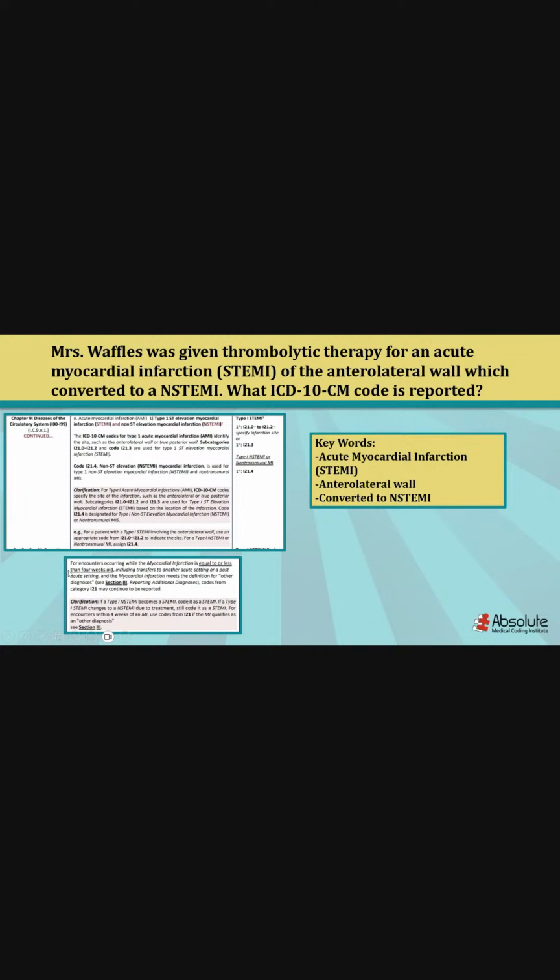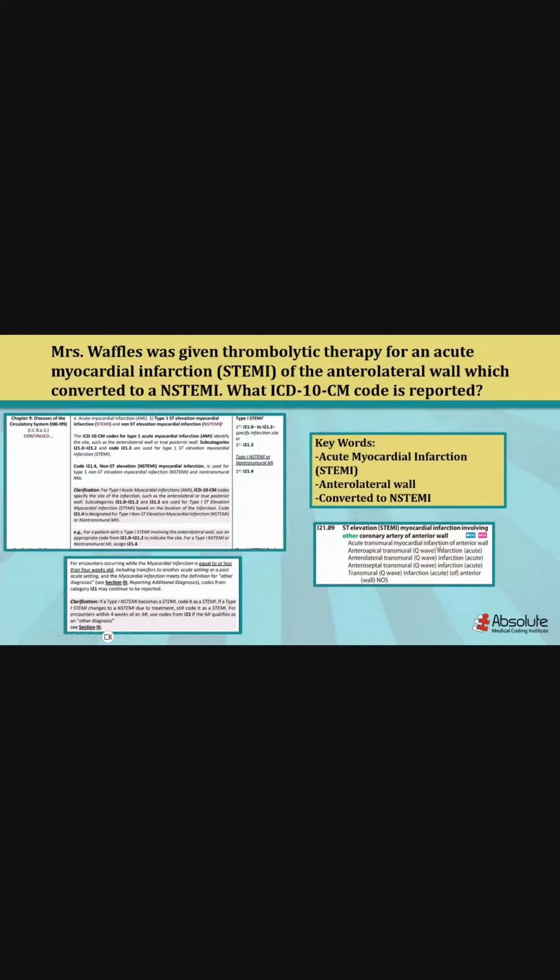But like we were going over in our warm-up, it says if a type 1 NSTEMI becomes a STEMI, code it as a STEMI. If a type 1 STEMI changes to an NSTEMI due to treatment, still code it as STEMI. So with all of that being said, for our final code, we are going to be coding the STEMI because it went from STEMI to NSTEMI, but we're still coding it as STEMI.